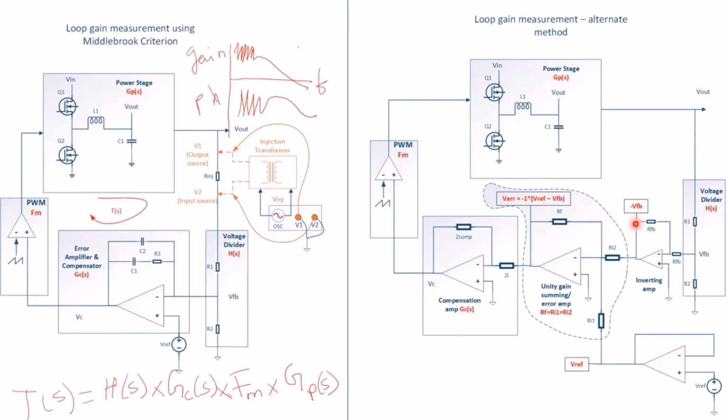Please note, I'm inverting the feedback signal, which is basically the voltage divided output, and it is being inverted by this inverting amplifier here with a gain of 1.